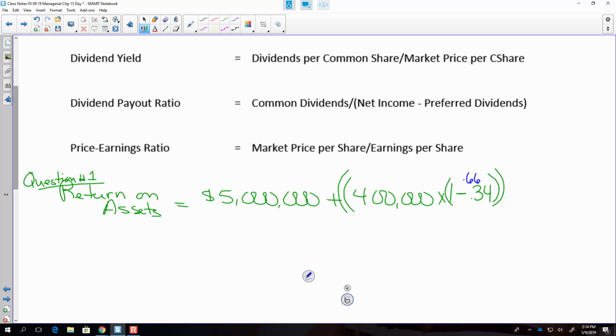One minus 0.34 is 0.66. So 0.66 times 400,000 is how much?